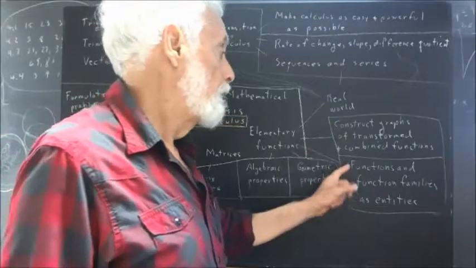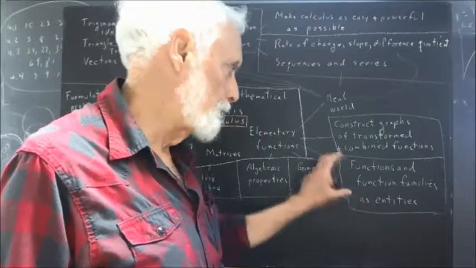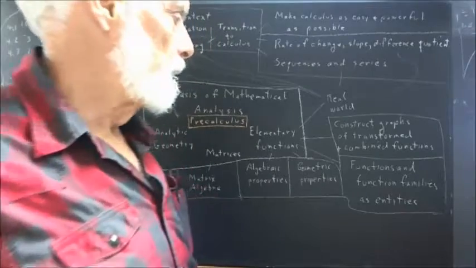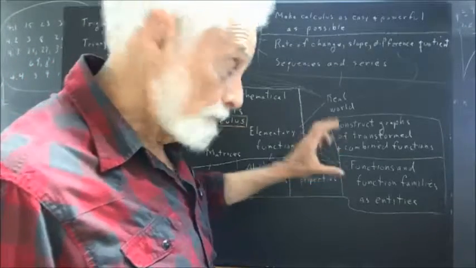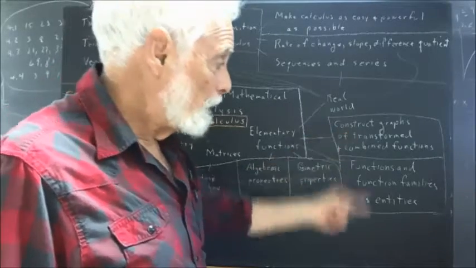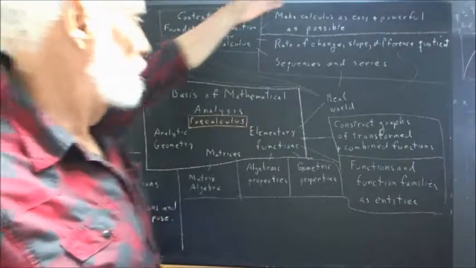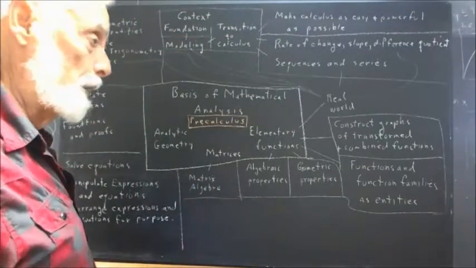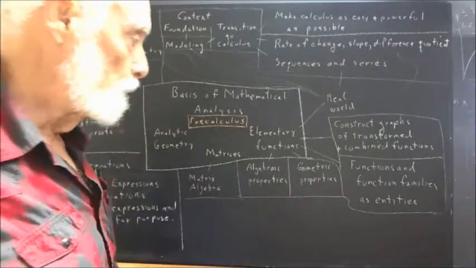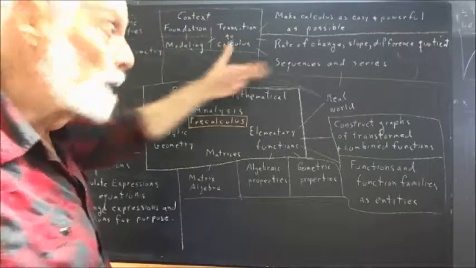And this leads us to the idea of functions and function families as entities in themselves, which is a fairly abstract concept, not all that difficult to get a hold of if you do it right, but very important to understand if you're moving into calculus and into higher mathematics. It's foundational for later courses, and also very important for just pre-calculus based modeling.